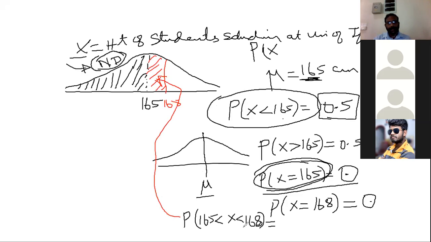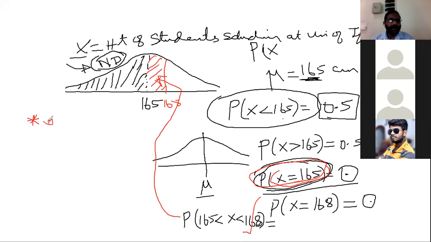This is not a point probability because the area is defined. But here, the area is not defined. So this is a point probability. What about point probability in continuous distribution? Make a note of it.